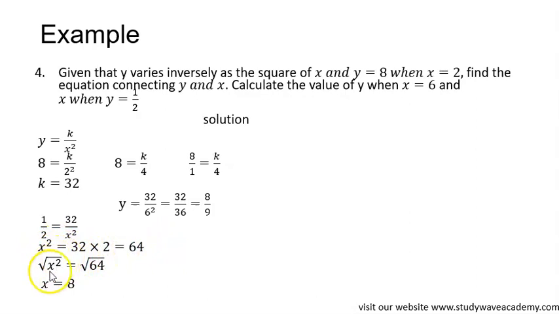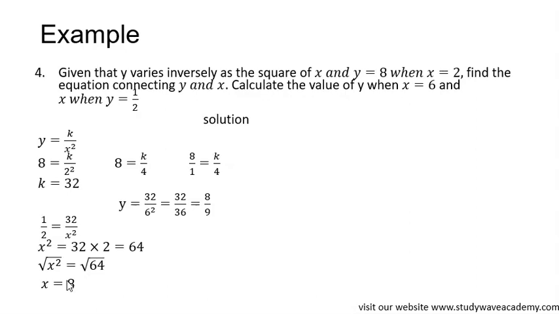So we take the square root of both sides. The square root of x squared equals the square root of 64. Now the square cancels the square, so we are left with x. The square root of 64 is 8, because 8 times 8 gives you 64. So x = 8.